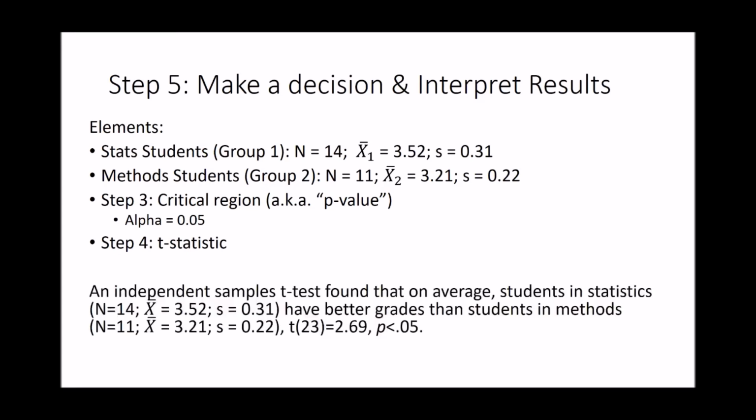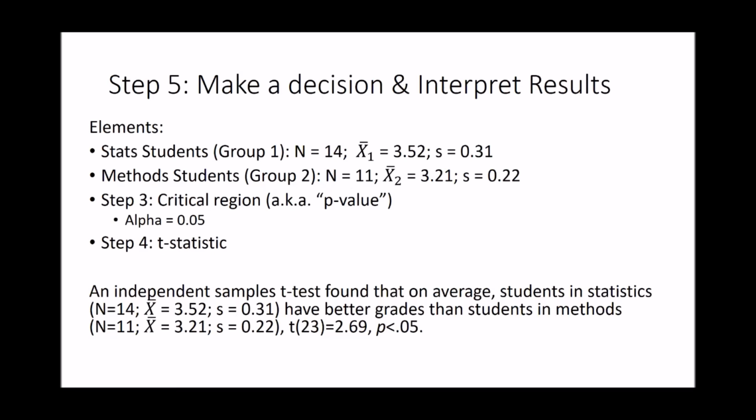And so if I were doing this study and I got these results, this is exactly what I would say. I would say something to the effect of, an independent samples t-test found that on average, students in statistics have better grades than students in methods, right? And we want to report the sample size, mean, standard deviation for both groups, as well as that t-statistic.